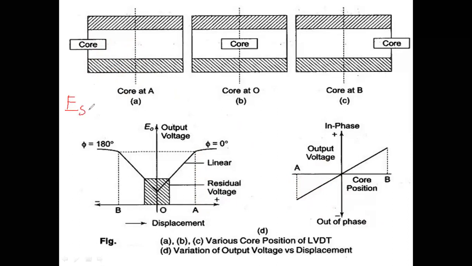Core at A position: ES1 is greater than ES2, whereas here, core at B position, ES2 is greater than ES1. Here, ES1 is equal to ES2.